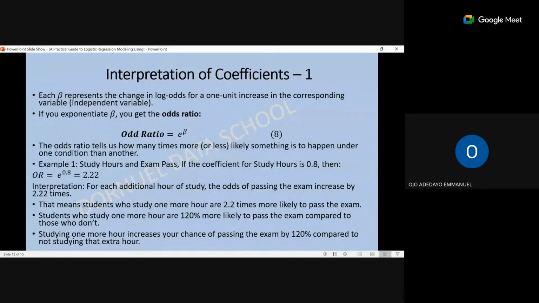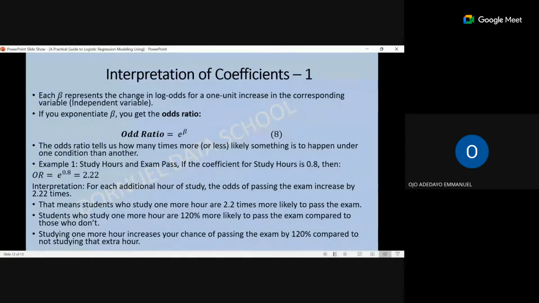The odds ratio tells us how many times more likely or less likely something is to happen under one condition than another. Remember that in logistic regression, we only predict two outcomes, either yes or no. Let's say your event is that someone passed the exam.